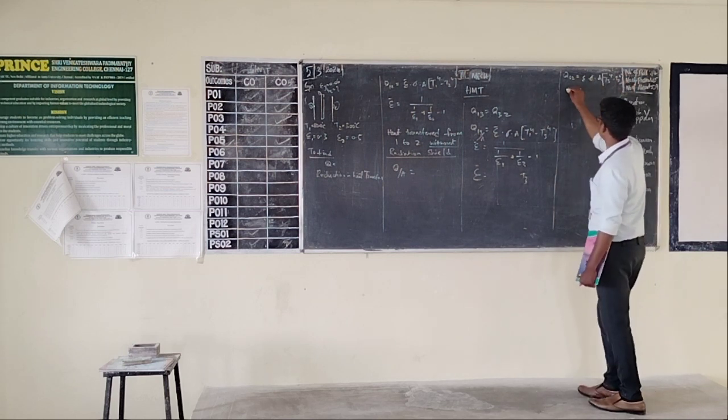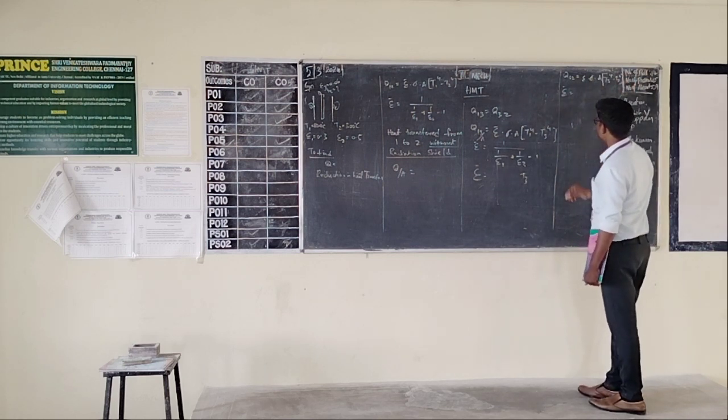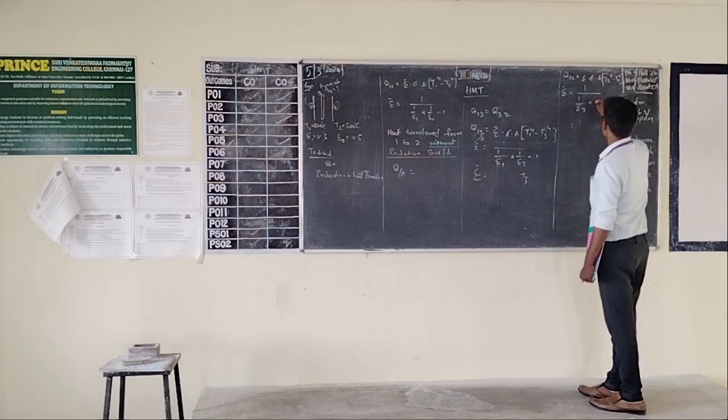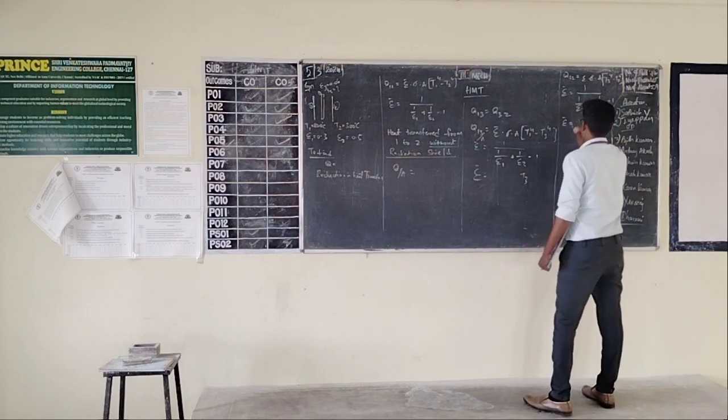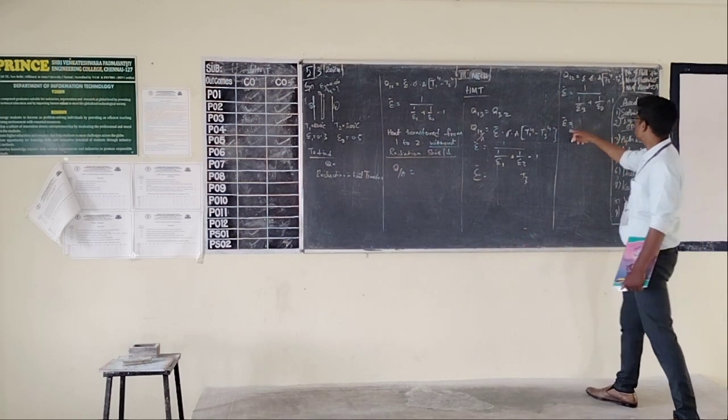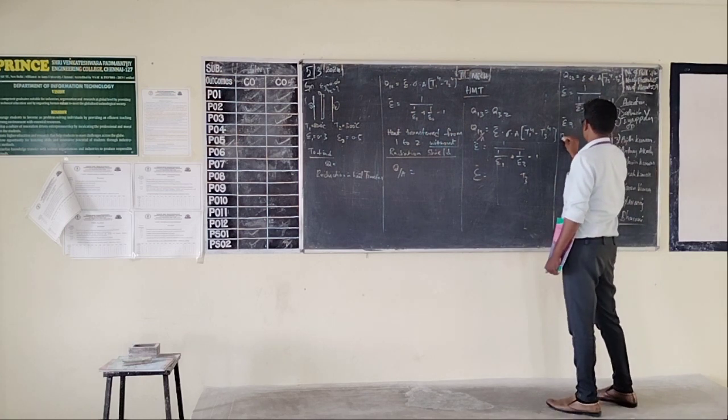So here for emissivity it is 1 by epsilon 3 plus 1 by epsilon 2 minus 1. Substitute here and you get the value for emissivity. Then substitute the emissivity here.